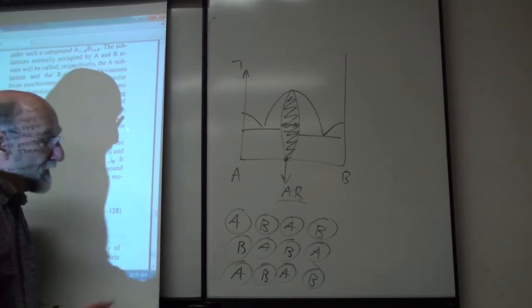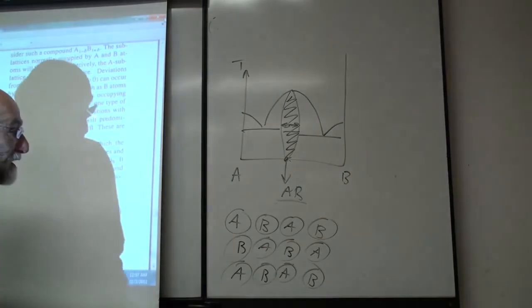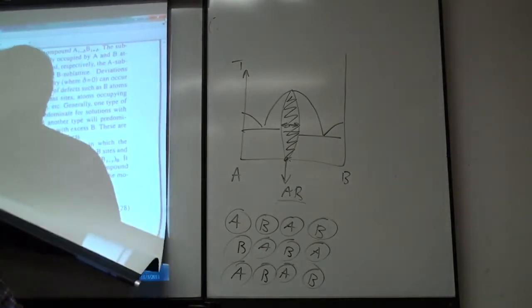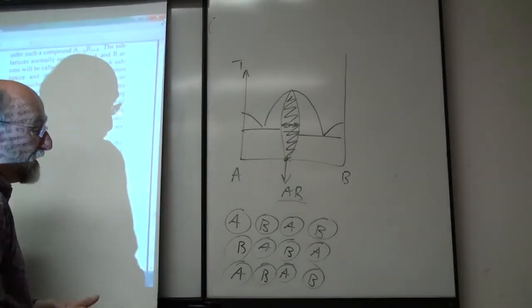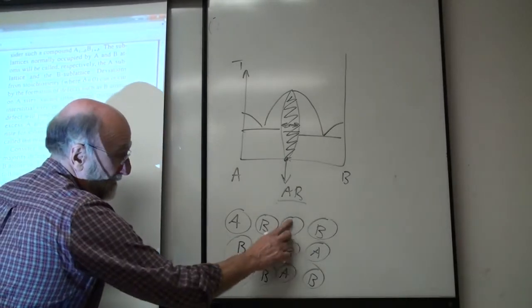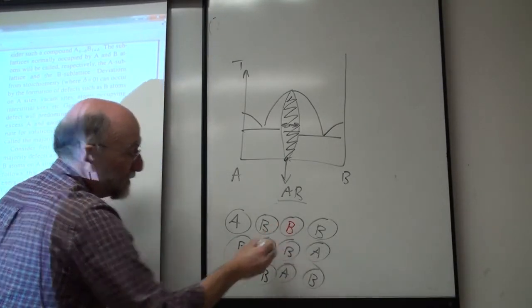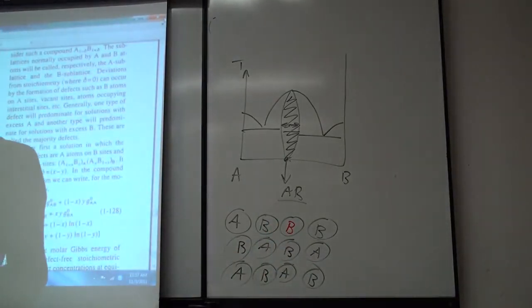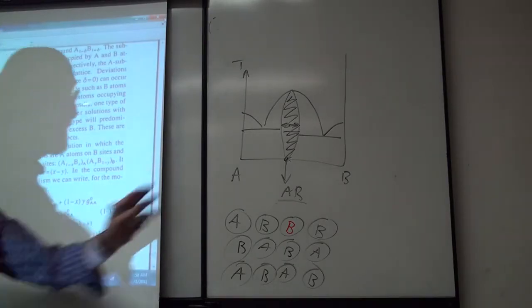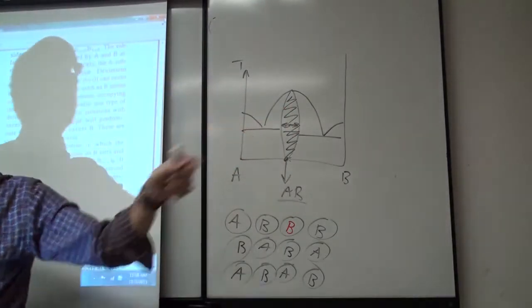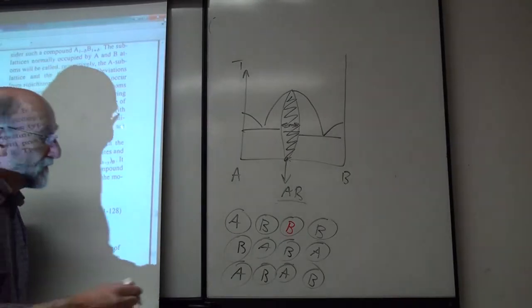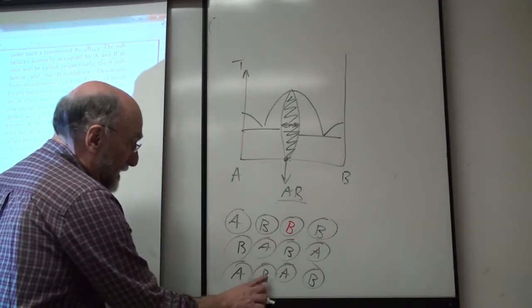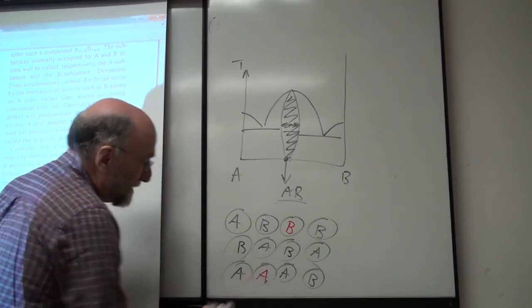One type of point defect would be to have a B occupy an A site. So rather than have an A here, we have a B occupying an A site. That's called a substitutional defect. And that then moves you over towards a solution that's richer in B. Or you can have an A occupying a B site.